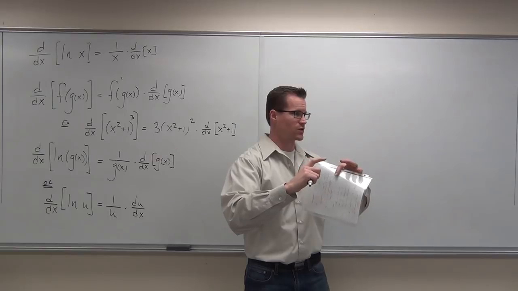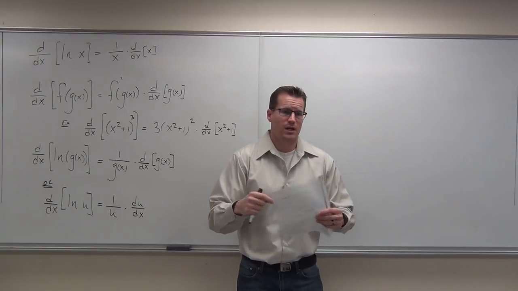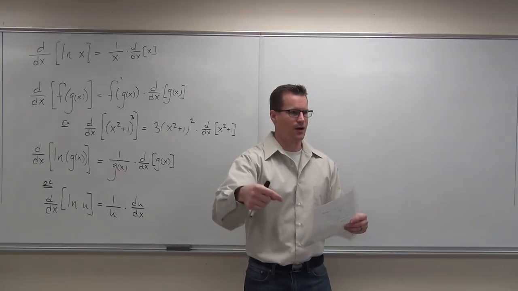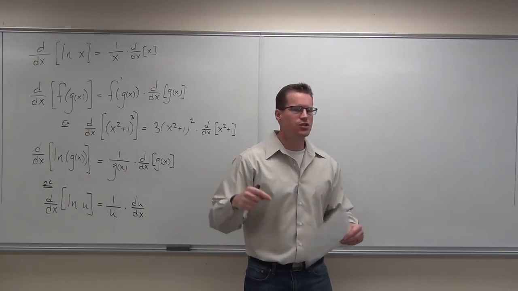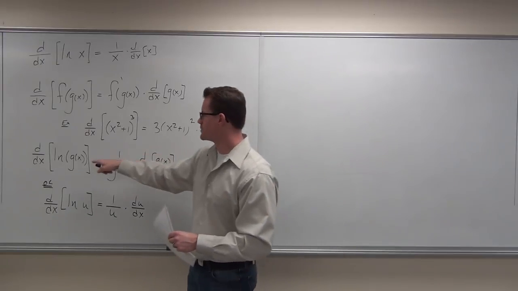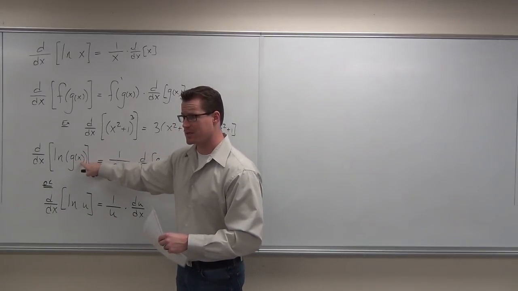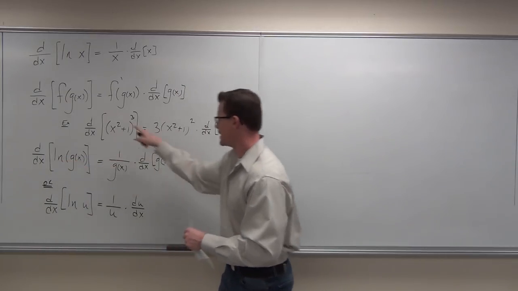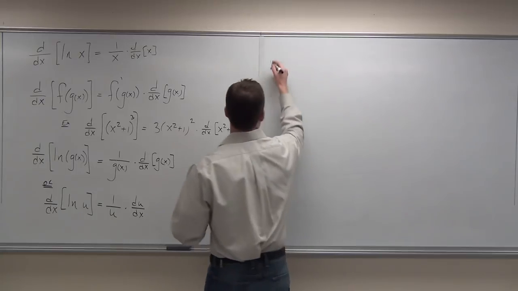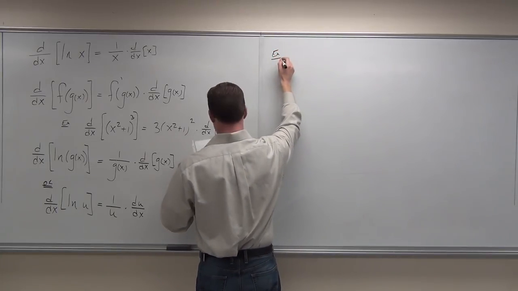I know when I taught Calculus 1, a lot of people forgot that it's not cosine of 5x, it's 5 cosine 5x, because you have to take the derivative of the inside. Same thing happens here. Don't forget that when we're doing logarithms, you still have to take the derivative of this piece. It's kind of like two derivatives. Derivative of ln is here, derivative inside is here. Let's practice it.